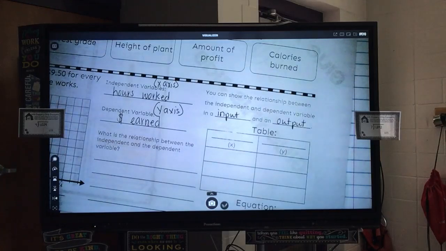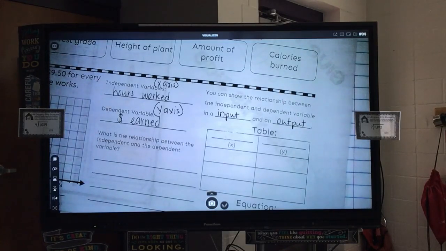So for the equation, why don't we just do what I have on the table? Like that, and just pick a random number. No, you can't put it. You have to do 1, 2, 3, so X is going to be hours, right?